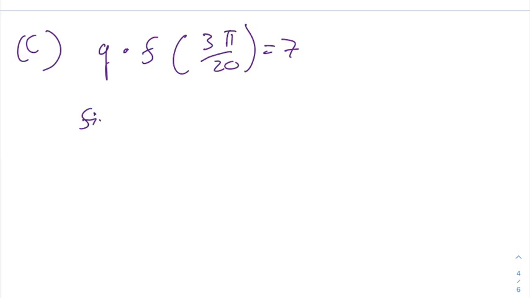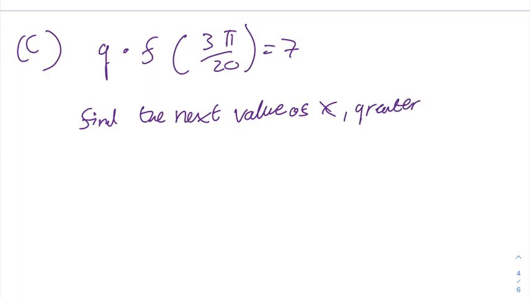Moving on to part C of question 9, we are now given that g of f when x is 3 pi over 20 is 7. And now we want to find the next value of x, which is bigger than 3 pi over 20, for which this is going to be equal to 7.